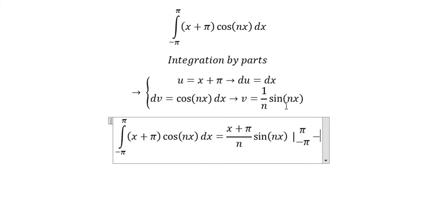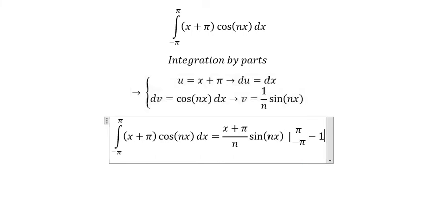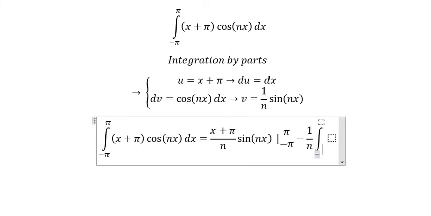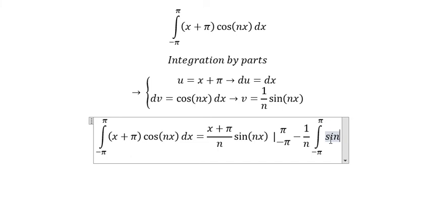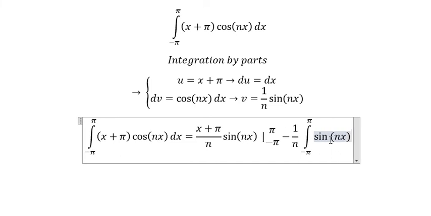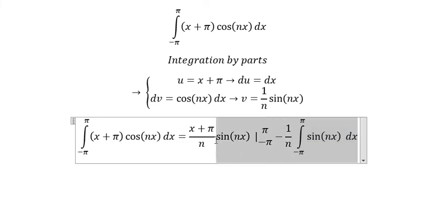Minus, we have u multiplied by v, so we have 1 over n in here, and then we have the integration from negative b to positive b, and we have sin nx dx.